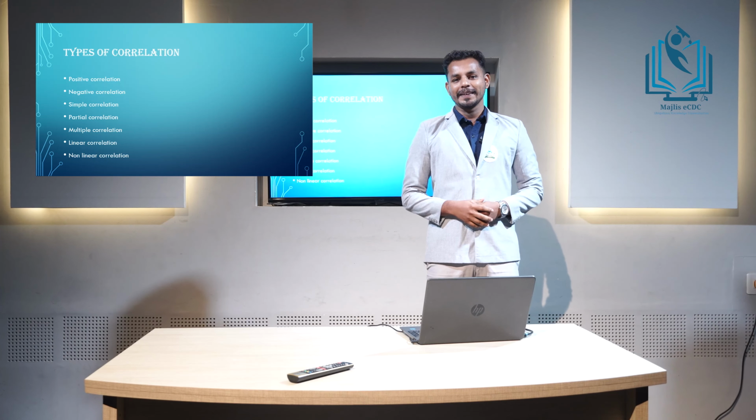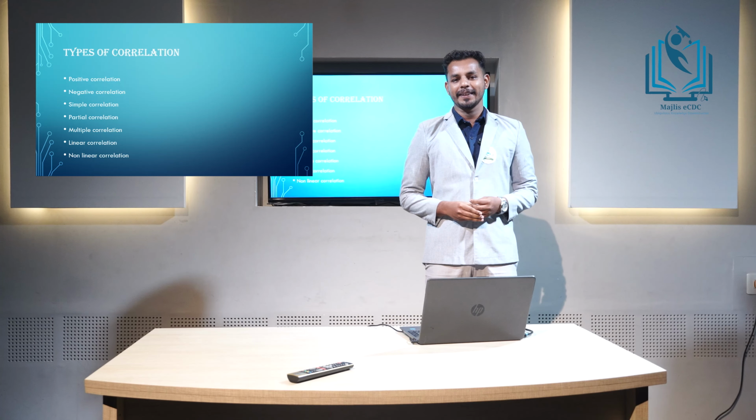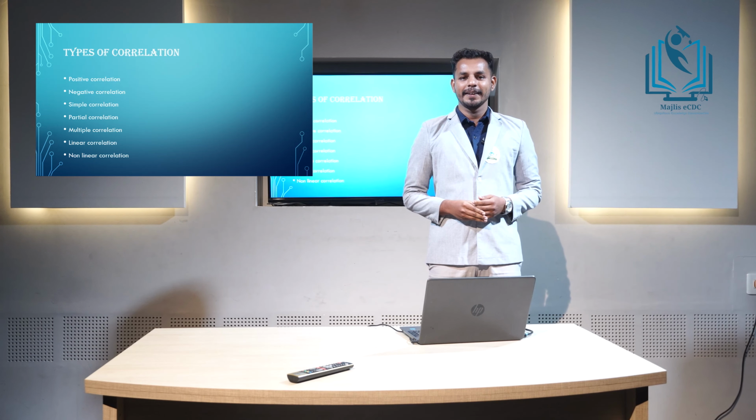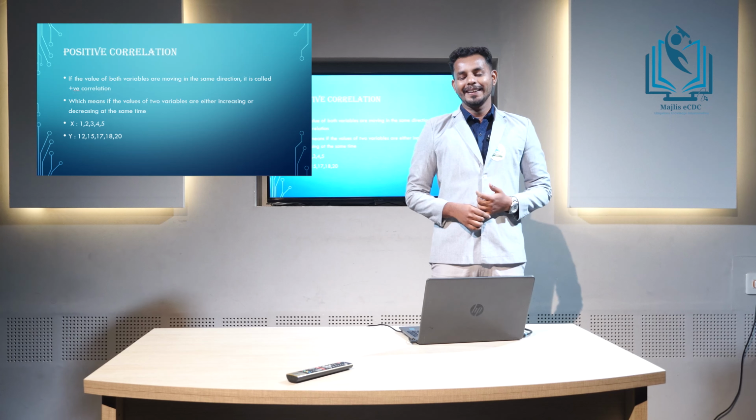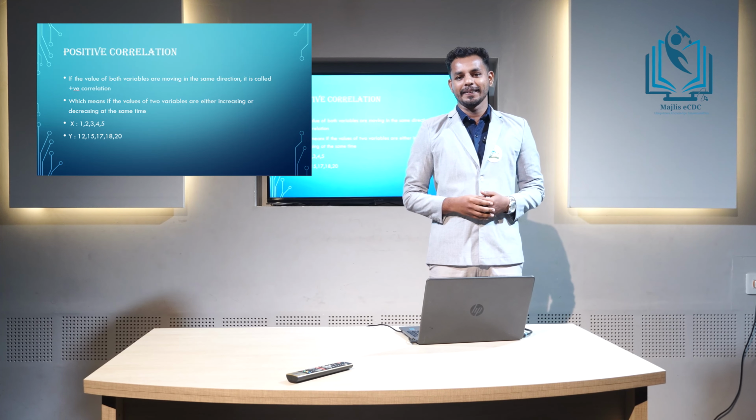Our next topic is types of correlation. We have 7 types of correlation: positive correlation, negative correlation, simple correlation, partial correlation, multiple correlation, linear correlation and non-linear correlation. So let's check what positive correlation is.